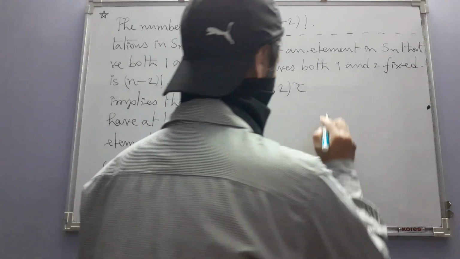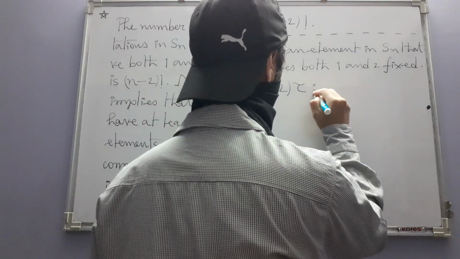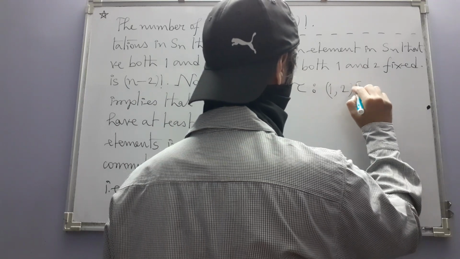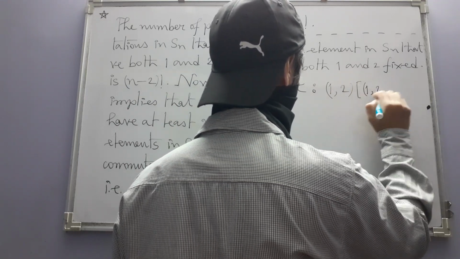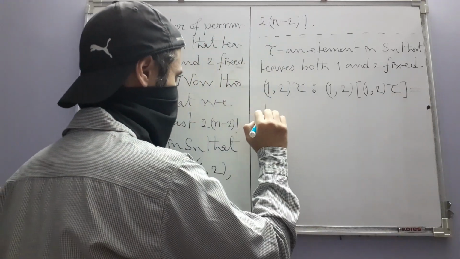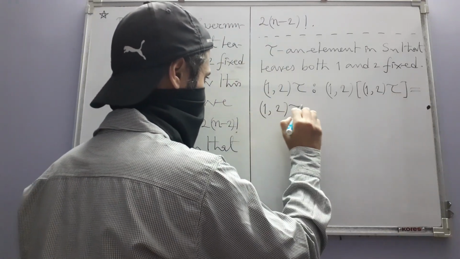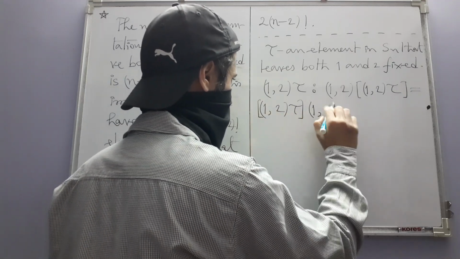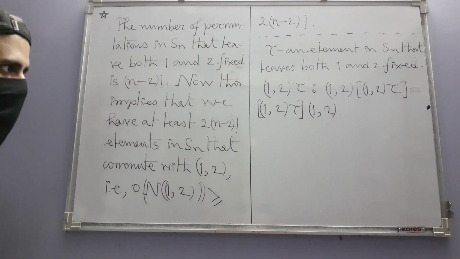So what I am saying is that (1 2) times (1 2)tau is equal to (1 2)tau times (1 2), right?